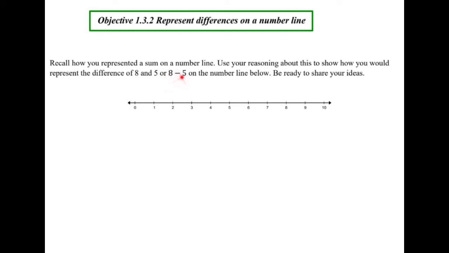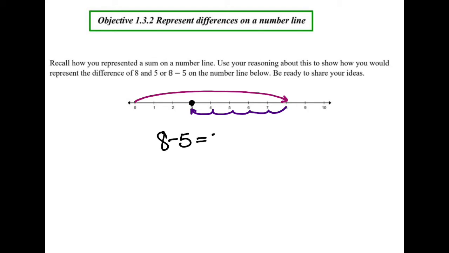If we start at 8 and take 5 away, I'm going to go 1, 2, 3, 4, 5 backwards, and we end up at 3. So 8 minus 5 is 3.